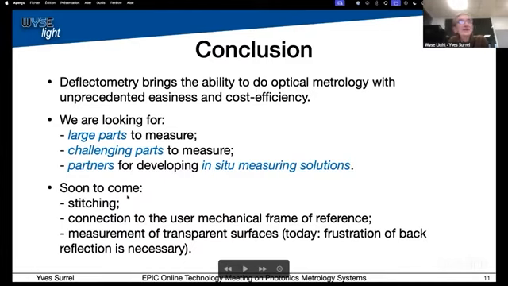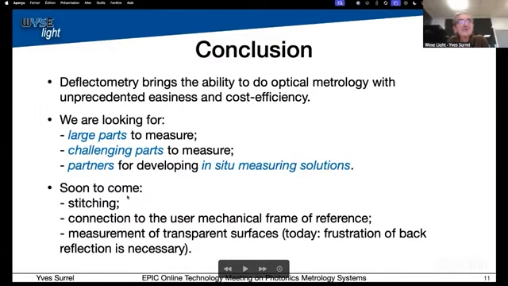And also we are looking for partners for developing in situ measuring solutions, because as the technique is really very insensitive to vibrations, it is very, very interesting to integrate in situ measurement. And of course, with all the information we had on the part, we are developing stitching algorithms.